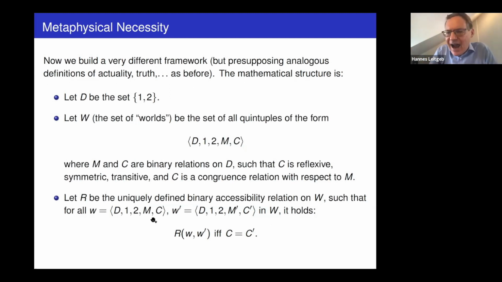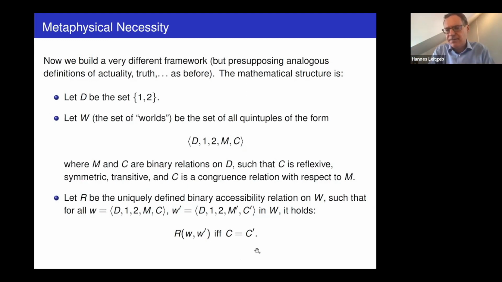And this is an R relation, an accessibility relation between worlds. And actually here I'm defining it explicitly. I say W sees or can access W prime with respect to R just in case they have the same identity relation, as it were. The C relation and the C prime relation for these 2 worlds coincide. They're the same relations. So give me that for the time being.